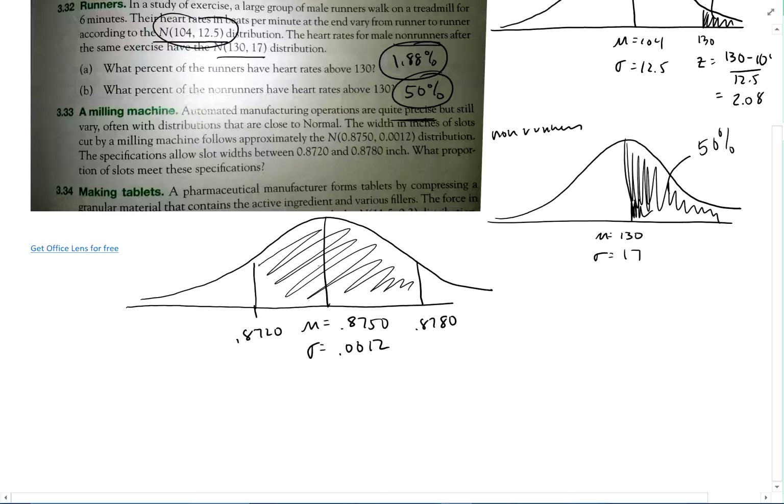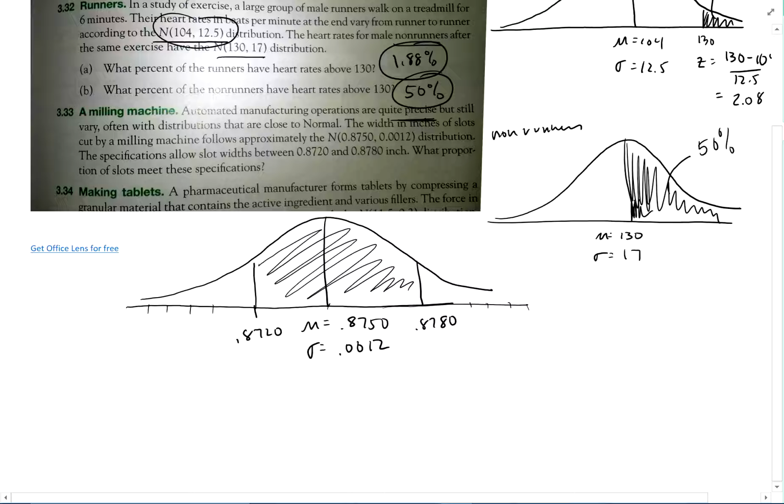Because my machine is going to make slots, 100% of the slots are underneath this curve, somewhere along this bottom axis here. Most of them are going to be wrapped around 0.8750. Some of them are going to be way out here, very few. And so I want to know what percent are between 0.8720 and 0.8780.